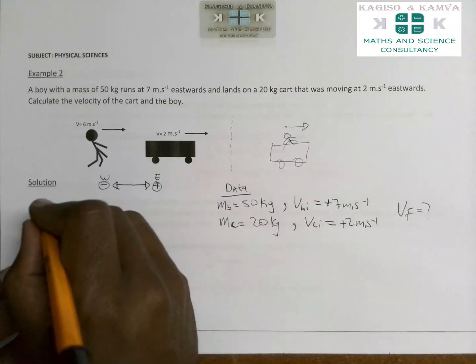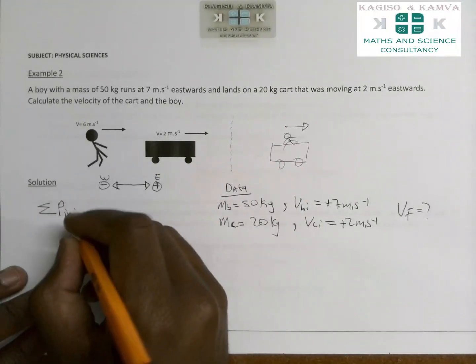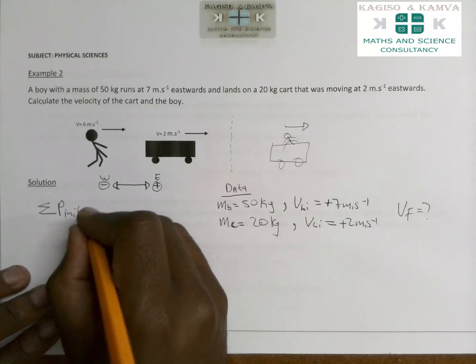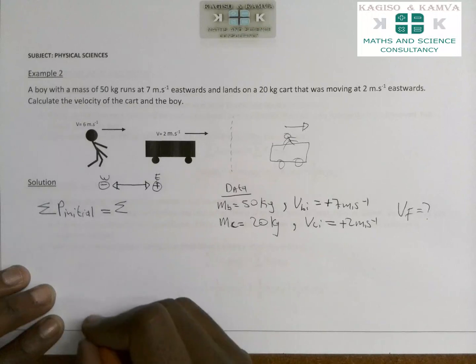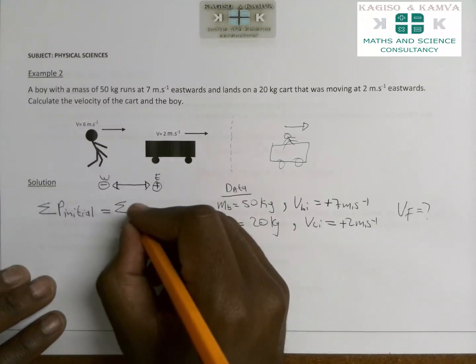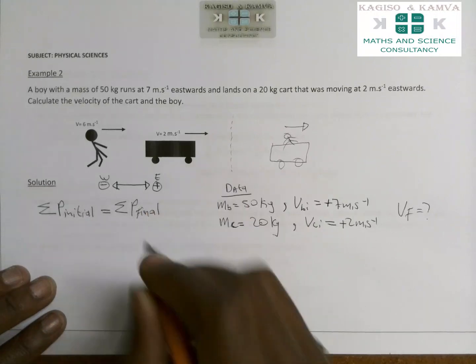So we come in and we see the sum of momentum initial is equal to the sum of momentum final. Okay.